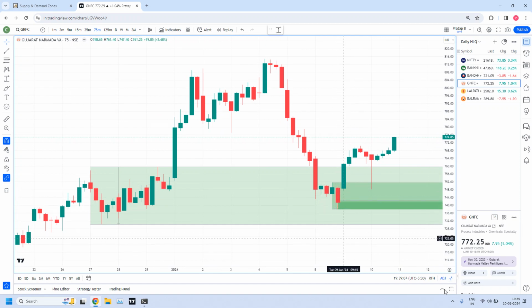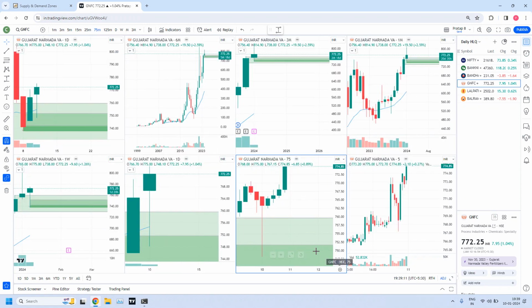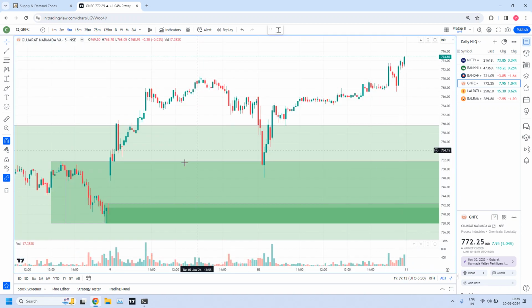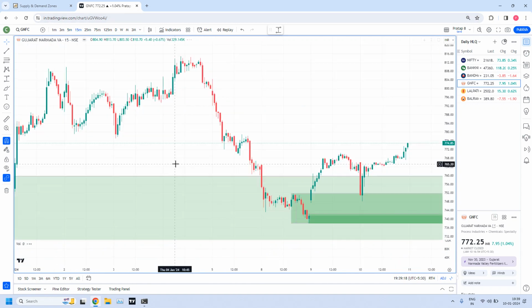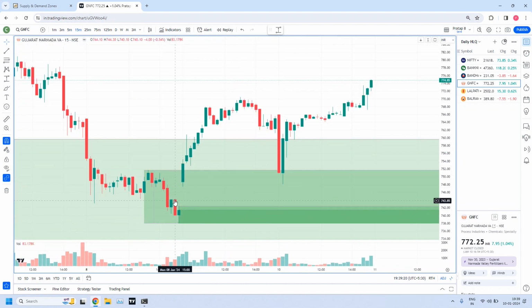Okay, within this area what we did, we fine-tuned to the 15 minutes area and the 5 minutes area. So here within this, first let me show you the 15 minutes time frame. We have a drop, base, rally. This rally is with a pro gap. That point you have to observe.